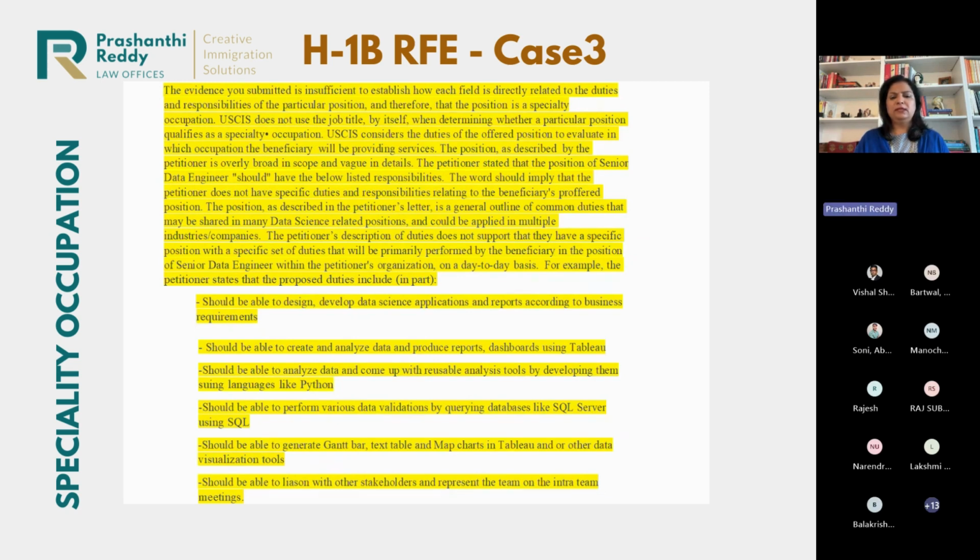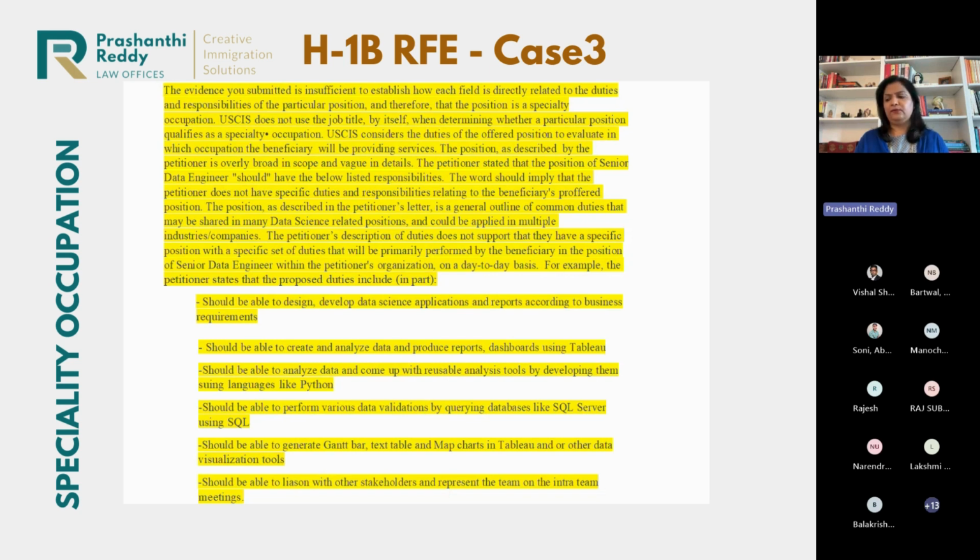So in response to this, we submitted a specific job description. We submitted a percentage of time that they'll spend on each job, and we submitted an example of each job. So say we said the person will be designing and developing applications and reports according to business requirements.